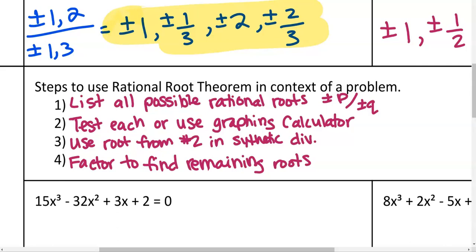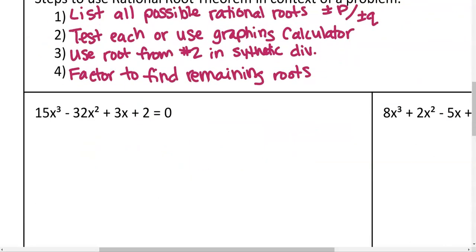All right, ready to put all this together? Yay! Parker's ready. Okay, here we go. We have 15x cubed minus 32x squared plus 3x plus 2 equals 0. It's already equal to 0. We are solving for my roots. First thing I do is I got to make my list.